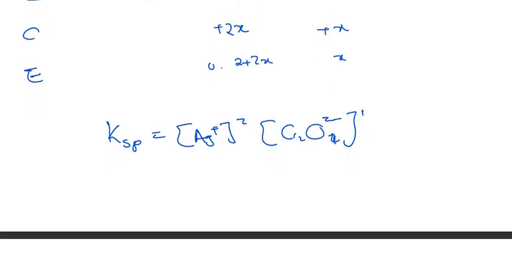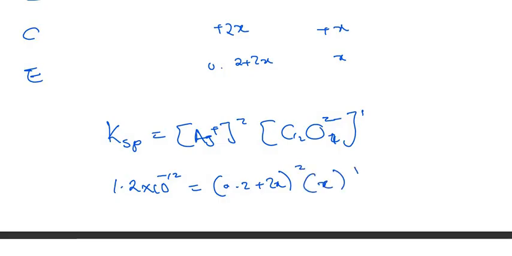The KSP is given to be 1.2 according to the question, so we're having 1.2 times 10 to the power negative 12. Here we have 0.2 plus 2x to the power 2, then here we're just having x to the power 1, right? So we're just solving for x.